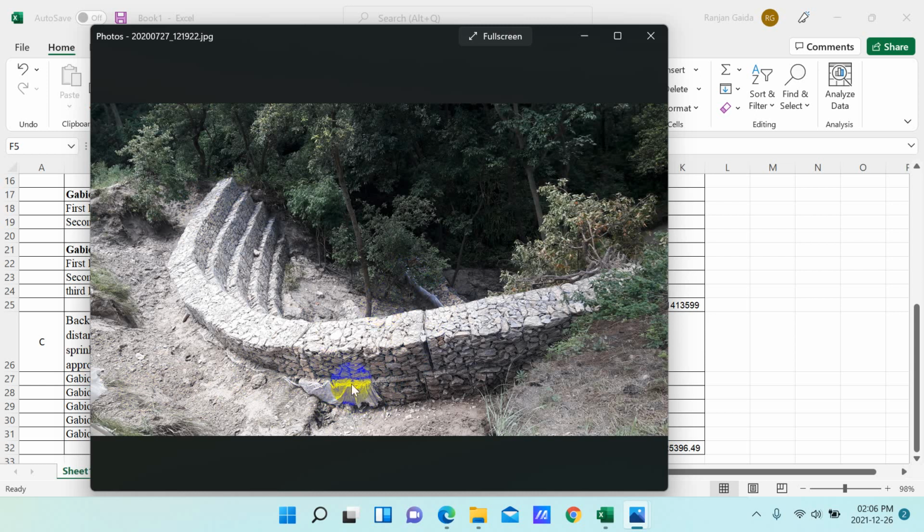Otherwise our whole section will be clogged with small pores, and water will not pass through the voids of these stones. So what you need to do is use the geotextile and then place the gabion wall and then do the backfilling, as we can see here.